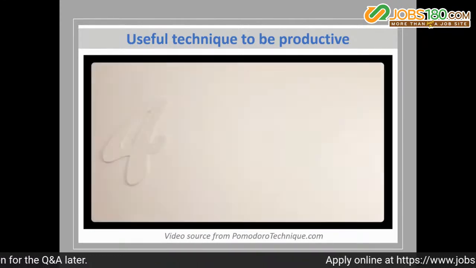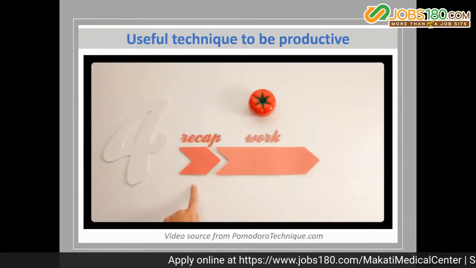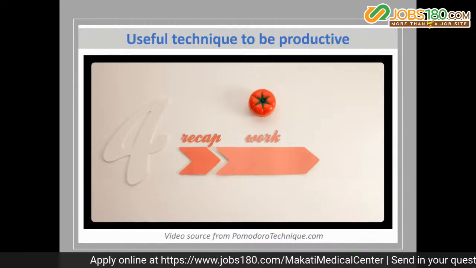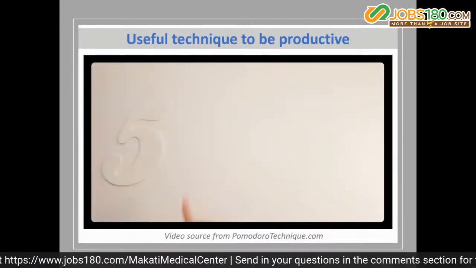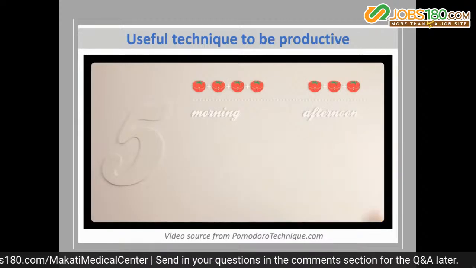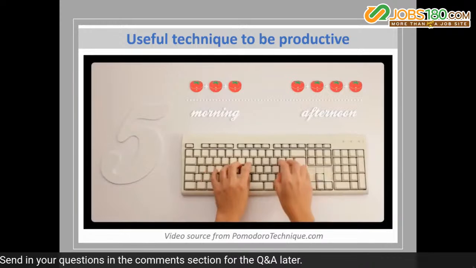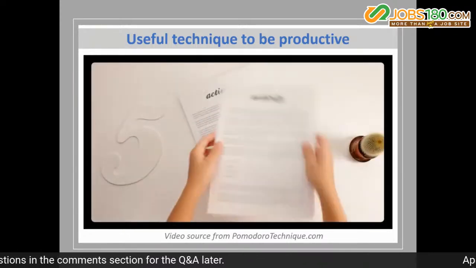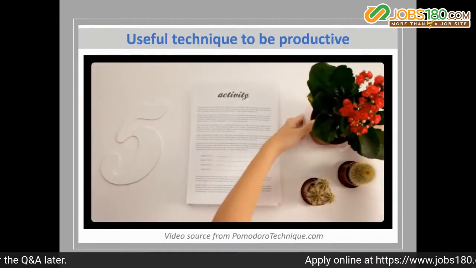Fourth, use your Pomodoro time not just to work on the task, but spend a few minutes for recap and the last ones for review. Fifth, set a timetable according to your to-dos, to your time, or even to the season. This is good for organizing work and also for creating more free time.